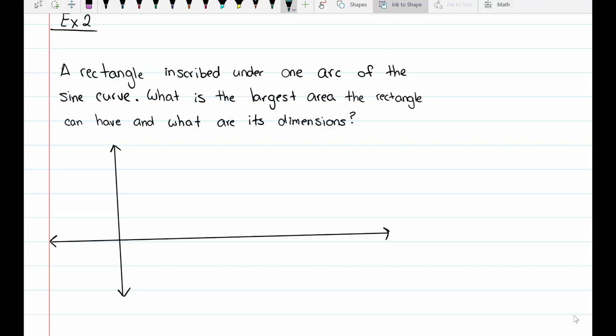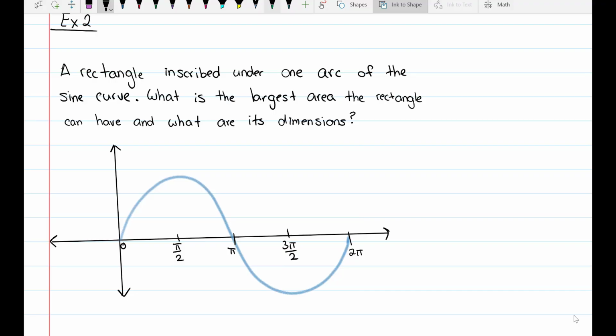So we know that sine of x looks like this. There's sine of x. And we know that this is 0, this is pi, and this is 2 pi. And this is pi over 2, and 3 pi over 2.